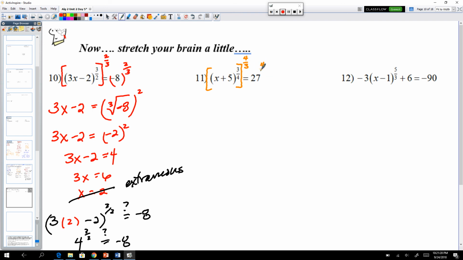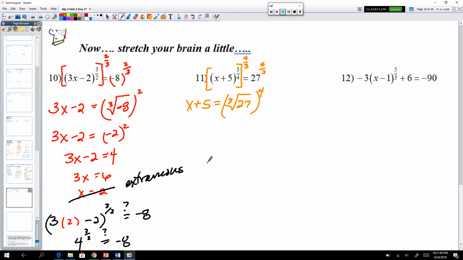Whatever you do to the left, you must do to the right. So x plus 5 is freed, and you now have 27 to the 4/3. Please don't make the mistake of multiplying 27 times 4/3. Make sure you take the cube root of 27 and raise it to the 4th power.